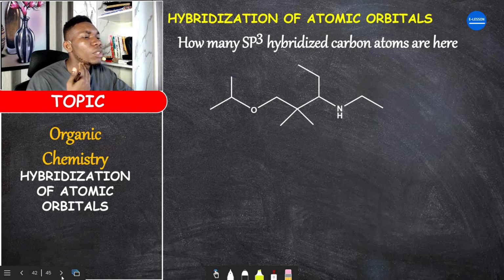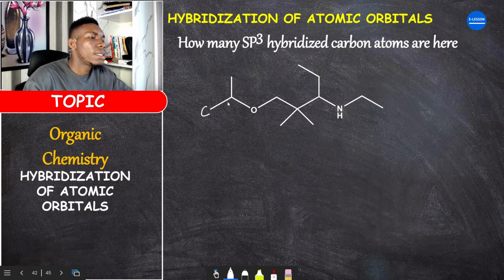All right, so for this particular one, still the same thing. How many sp3 hybridized carbon atoms are here? Still the same thing as what we have done before. So we have something like C, C, C, C, C, C, C, C. All these ones are sp3 hybridized carbons because, if you even put the hydrogens, only single bonds will be there.